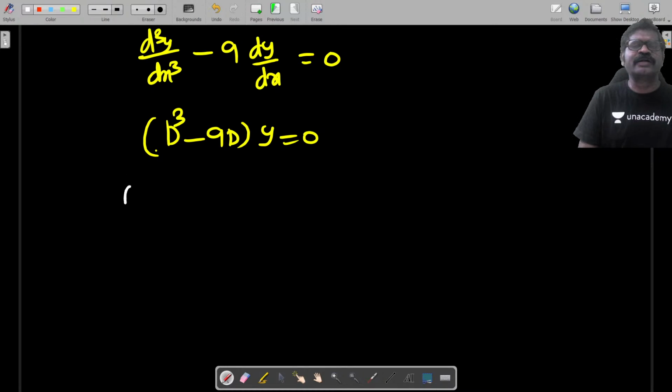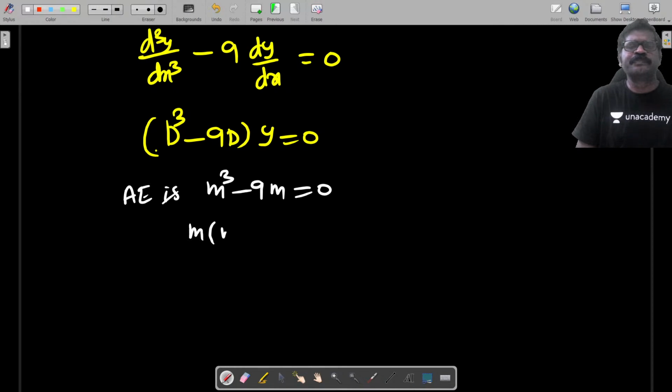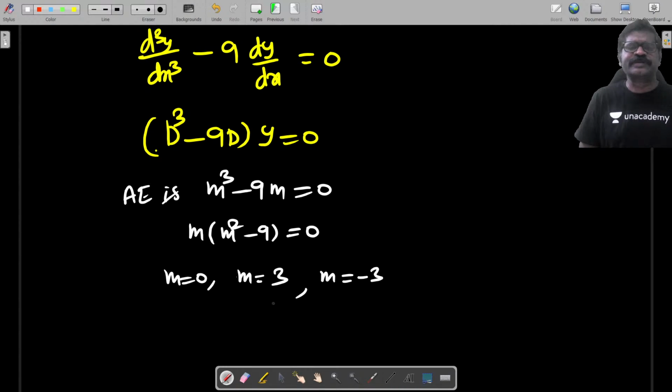The auxiliary equation is m cube minus 9m equal to 0, m of m square minus 9 equal to 0, m equal to 0, m equal to 3, m equal to minus 3. So here roots are real and distinct.